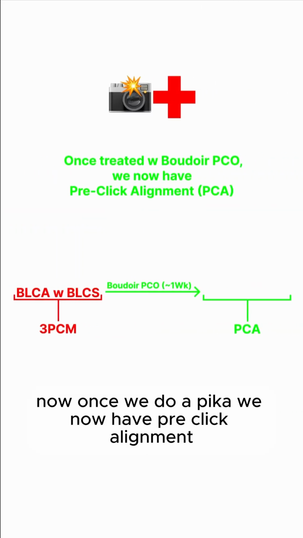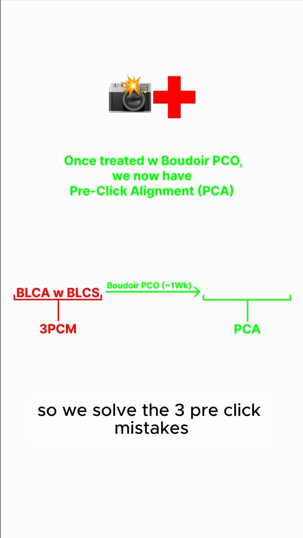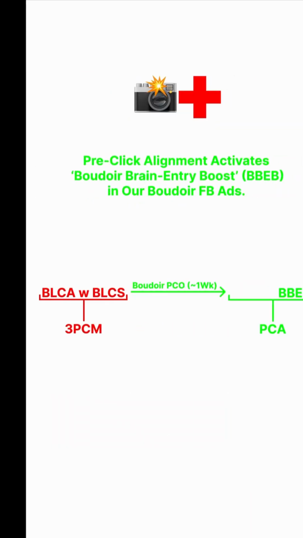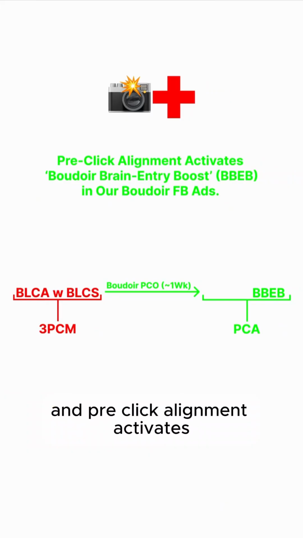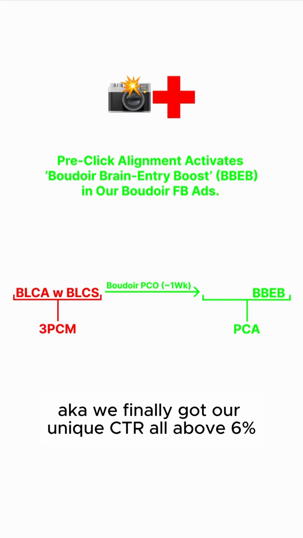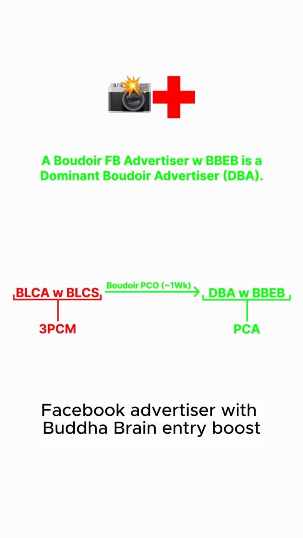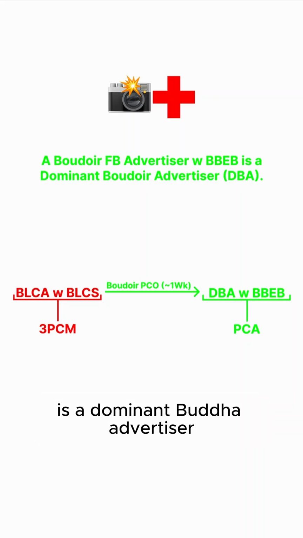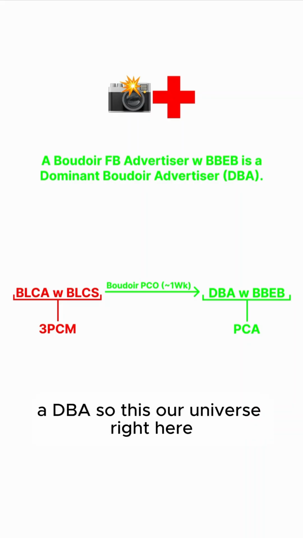Now, once treated with Boudoir Pico, we have pre-click alignment. We solve the 3 pre-click mistakes, we achieve pre-click alignment, and pre-click alignment activates Boudoir brain entry boost in our Boudoir Facebook ads, aka we finally get our unique CTR all above 6%. And a Boudoir Facebook advertiser with Boudoir brain entry boost is a dominant Boudoir advertiser, a DBA.